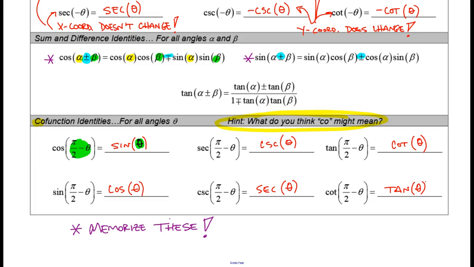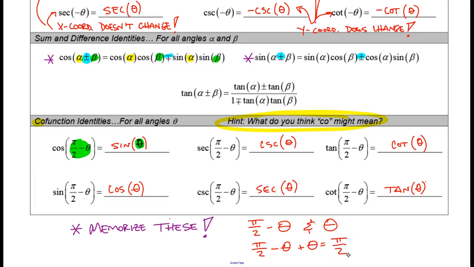What's the relationship between pi over 2 minus theta and theta? Well, this might be easier if we thought of it like this. Let's add these two and see what you get. Pi over 2 minus theta plus theta equals pi over 2.